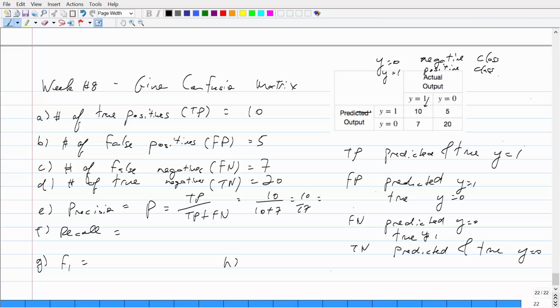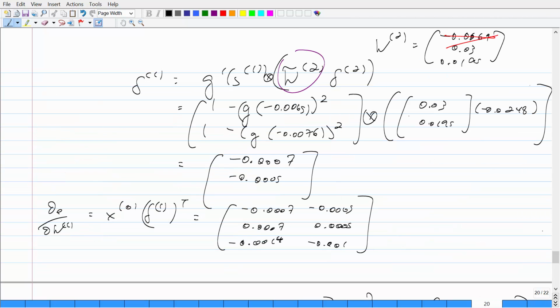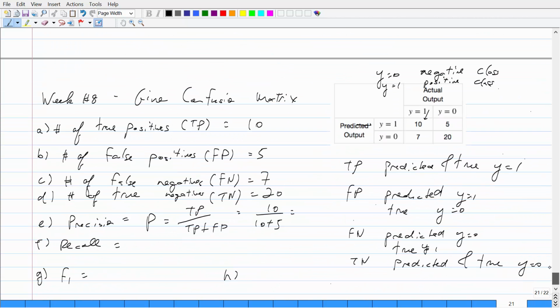Not false negatives, sorry, my bad, false positives. I was like, that doesn't look right. So 10 over 15, which is 66%. What precision means is that out of all of the examples that you classified as positive, how many of them were actually positive?